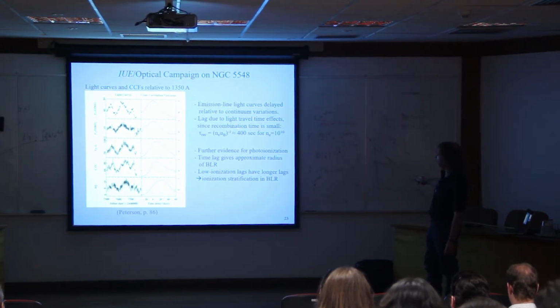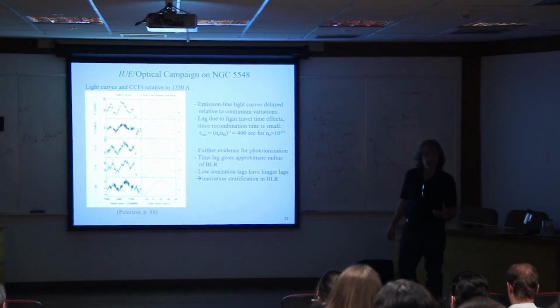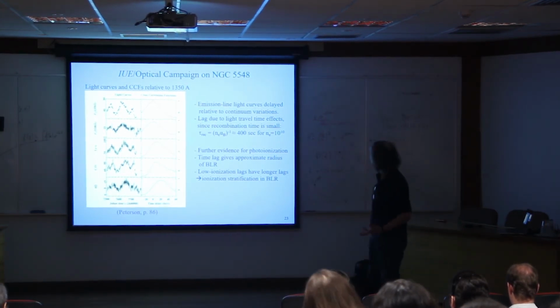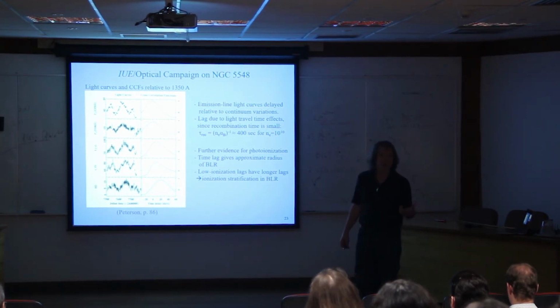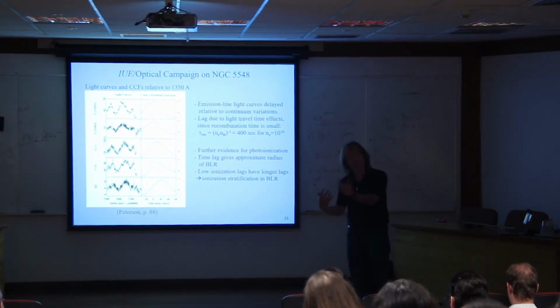So they're looking at light travel time. Basically you're looking at the recombination time of the hydrogen, which is 400 seconds for that kind of density, the densities we're talking about. So essentially, with 400 seconds, they're going to respond essentially instantaneously once the continuum radiation changes in intensity as it hits the gas.